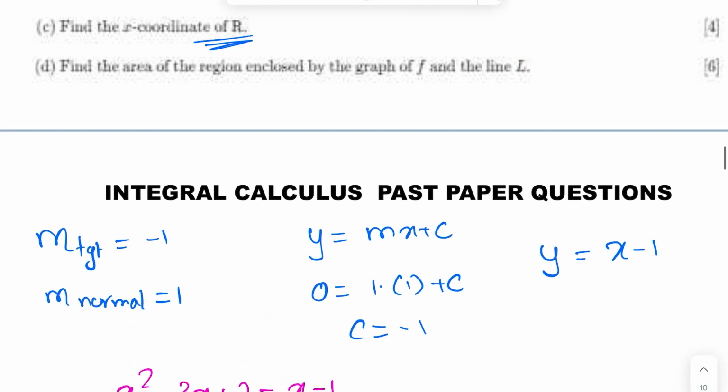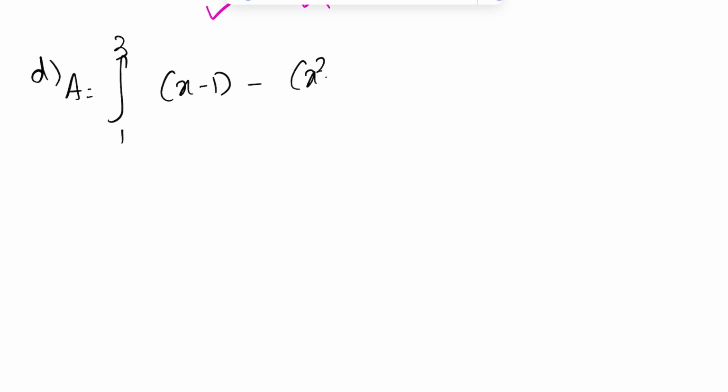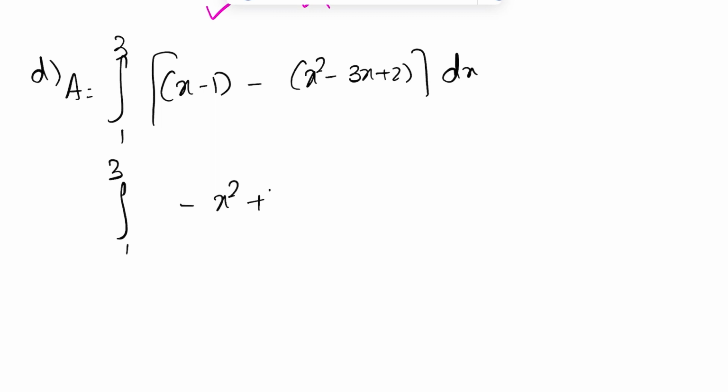Then finally it is asking to find the area of the region. To find the area of the region, we are supposed to find the integral. Integral from 1 to 3 of upper curve minus lower curve. Upper curve is x minus 1, lower curve is x squared minus 3x plus 2, times dx. So it becomes the integral from 1 to 3 of minus x squared plus 4x minus 3 dx.